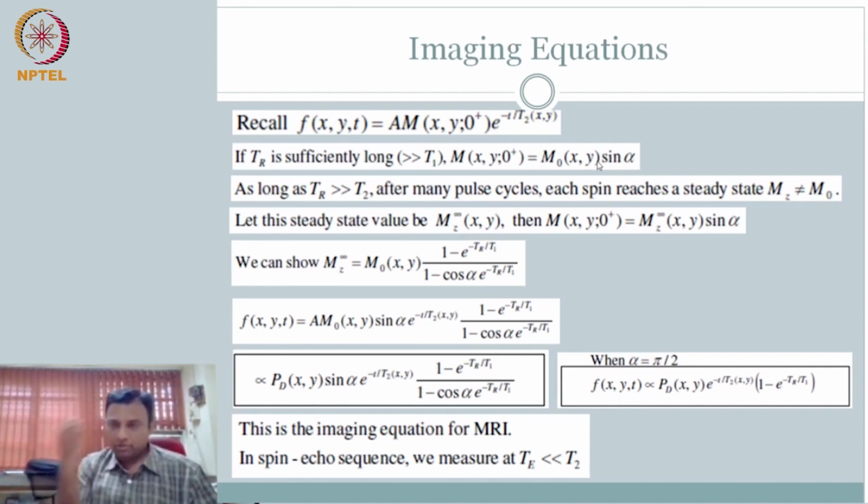So each time you do this experiment, the value that it comes back to before you do the next one, after several repeats, you will call the steady state Mz, not M naught. M naught is equilibrium, which happens when you wait for a long time without multiple pushes.